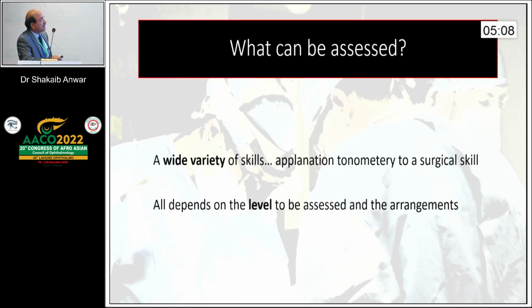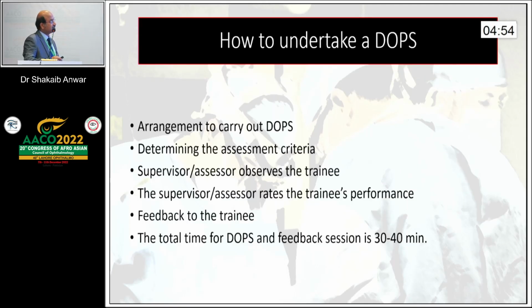Now, what can be assessed? It can assess a wide variety of skills, starting from applanation tonometry to any skill like any surgical skill. But it depends on the level of the trainee and the settings that we have. How to undertake a DOPS? All the arrangements for a DOPS setting are to be made by the trainee himself or herself.